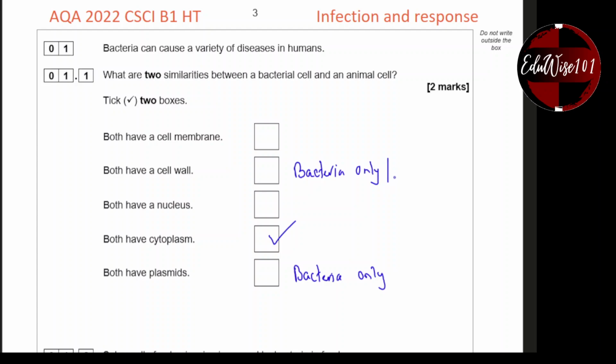Or you could say plant cells do have it. And nucleus, animal and plants.